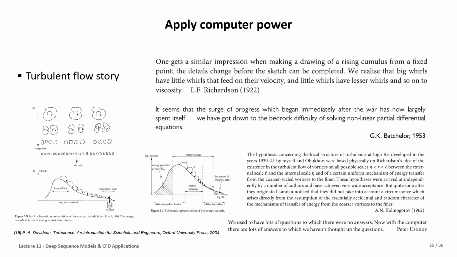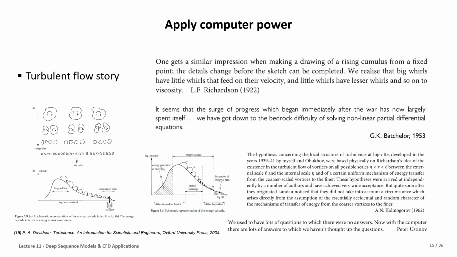Now let's think about the idea of how we can utilize the deep learning LSTM model or GRU for turbulent flow. First, in this slide, you see a few figures. The first one on the left-hand side presents how the energy transfers from the large scale to the small scale.